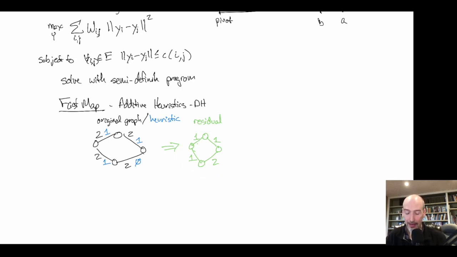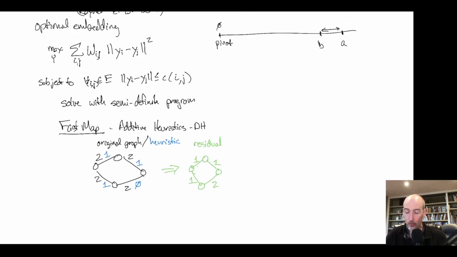So there are distances in these different graphs, and distances that haven't been captured here I can capture in the residual graph with a heuristic on the residual graph. Because these distances are not captured at all here, we can add them together. Okay, so hopefully that's clear. The idea is that this is a way of giving us additive heuristics.